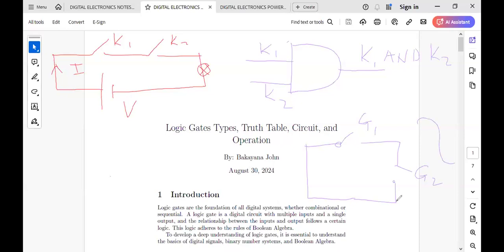So this kind of arrangement is the daily life application of the AND gate, and we shall modify it a bit to put conditions like if one of the gates is open. Maybe we've designed a digital alarm system that sounds an alarm when one of them is open. We shall look at that.